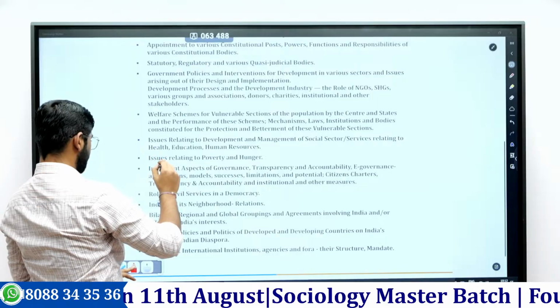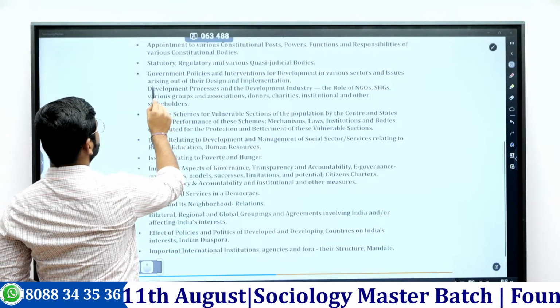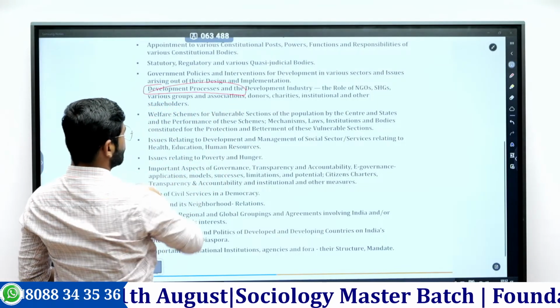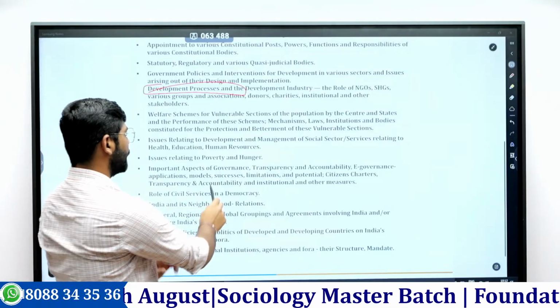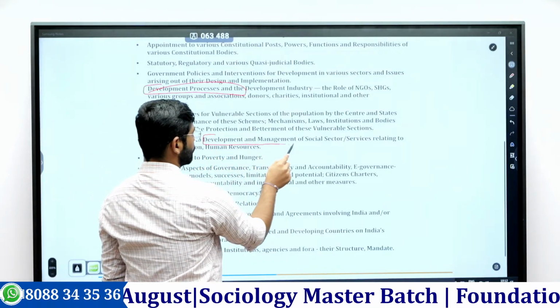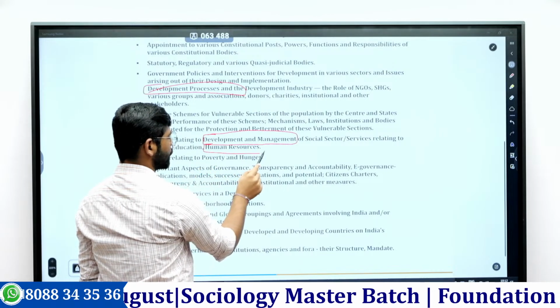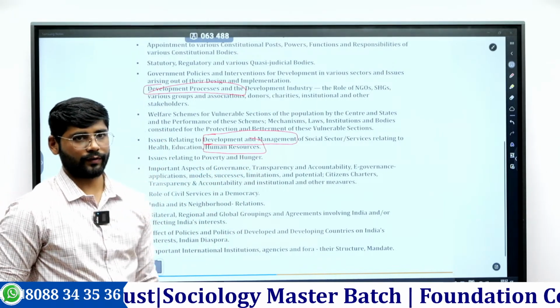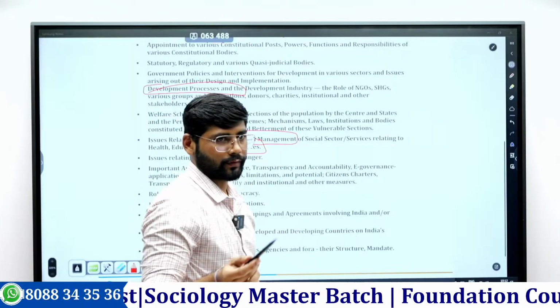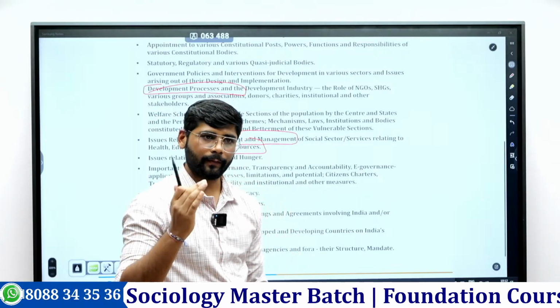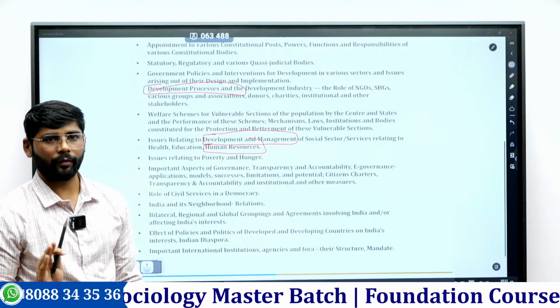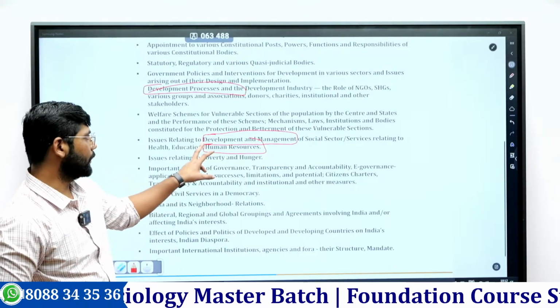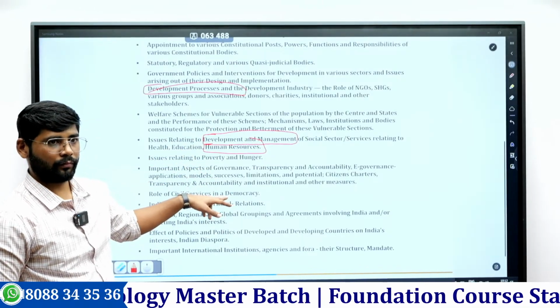This is one part here, development. The second part is issues related to development management. Again, the human resources syllabus is there. Take the syllabus as a reference and make notes. You will tackle any kind of social justice question. They will just interlink two or three aspects.